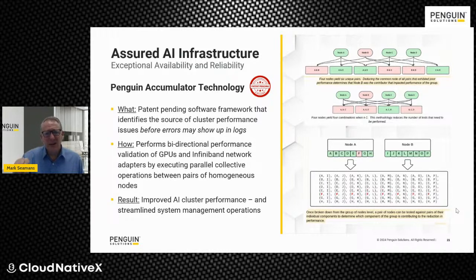Then once we get to that node, we can drill in to find out what the source is. So as you go through the process of deploying these systems, you need a plan for how you're going to isolate performance issues, and then ideally get access to some advanced technology that'll help you get there.